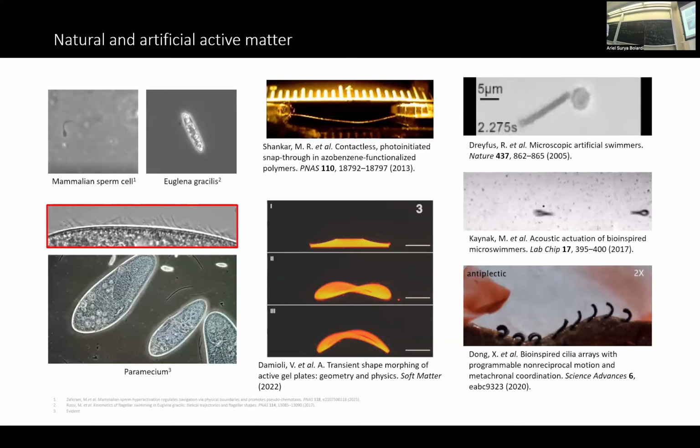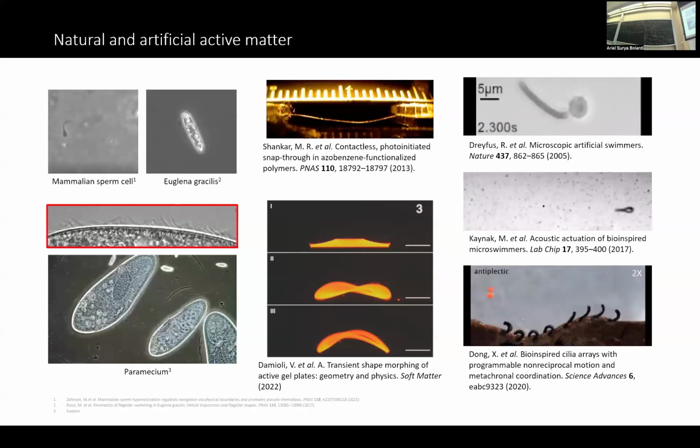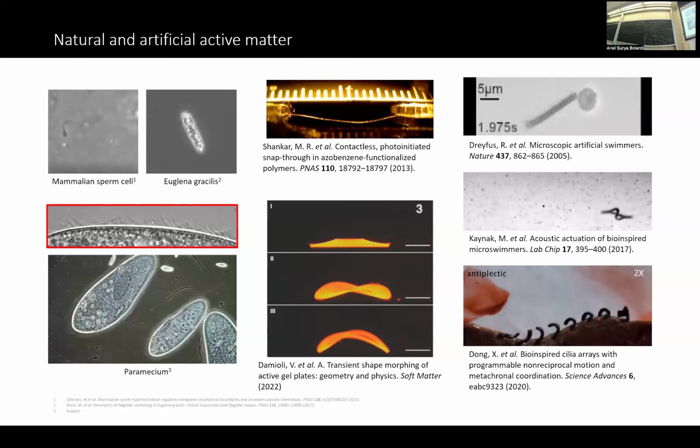Active materials are also employed in biomimetic replicas of these structures, such as ciliary arrays made of a hydrogel with magnetic particles, where a magnetic field is rotated below the system, and so the cilia perform this motion and move the fluid in one direction.